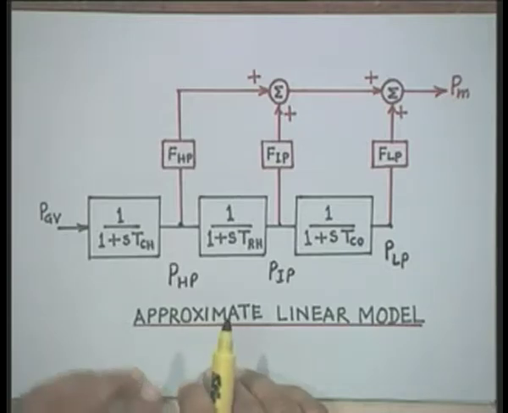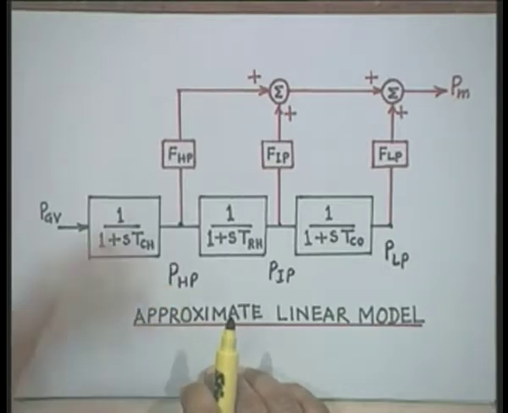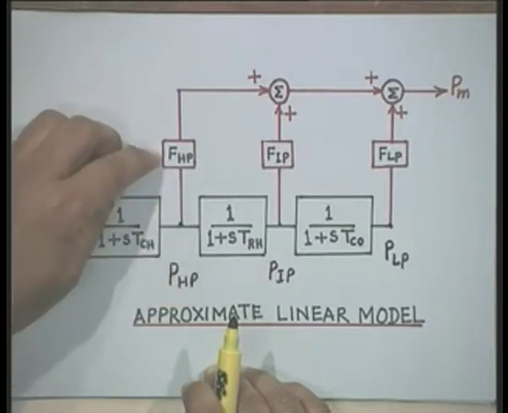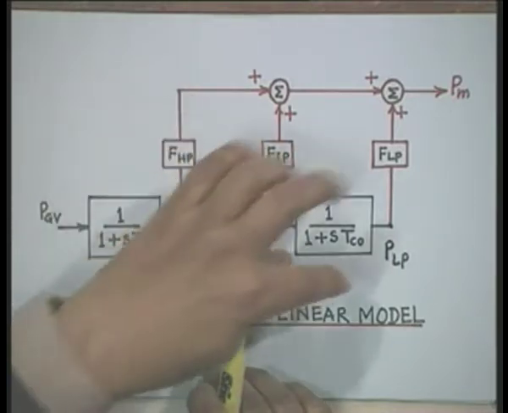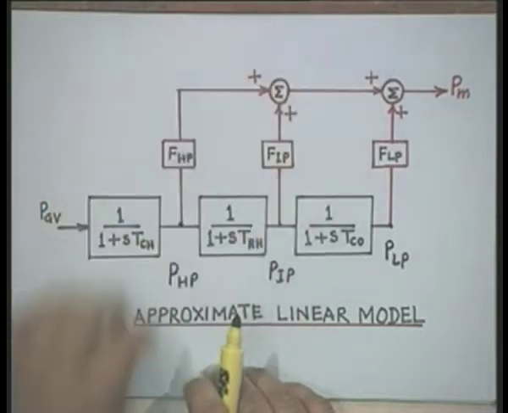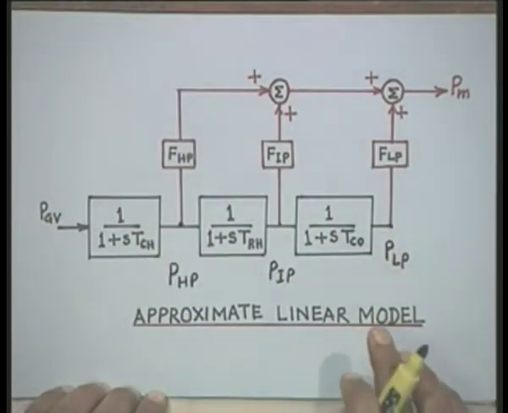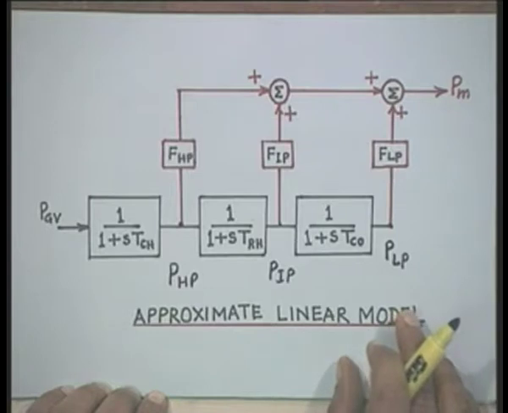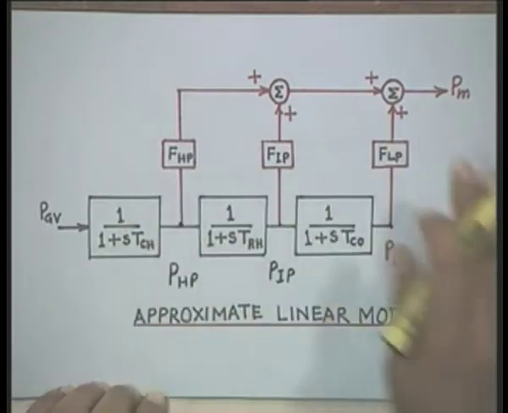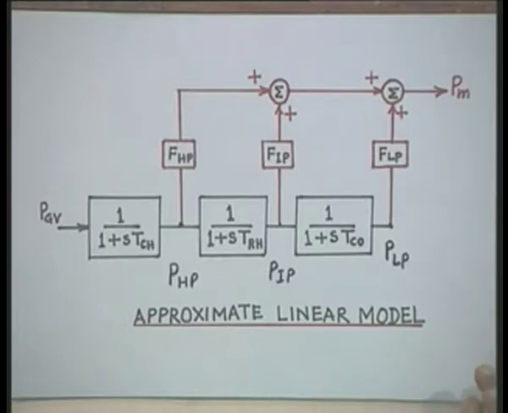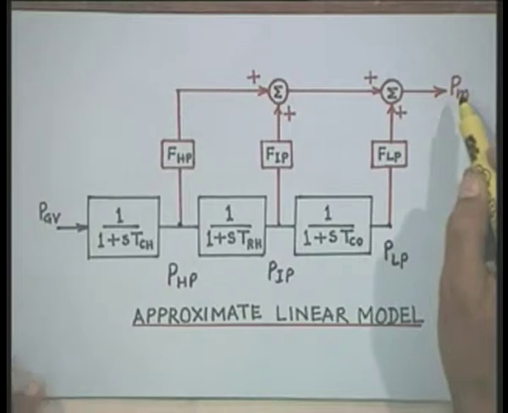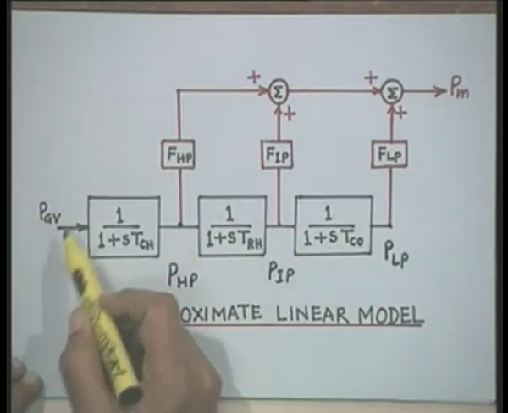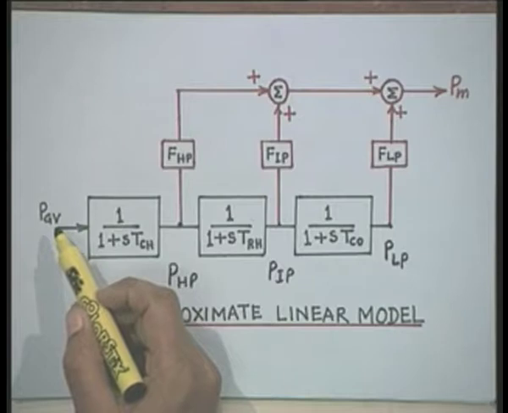The total power produced will be PHP into FHP plus PIP into FIP plus PLP into FLP, and the total is PM. Therefore, we now have a complete transfer function relating the mechanical power PM developed by the steam turbine and the governor valve position.